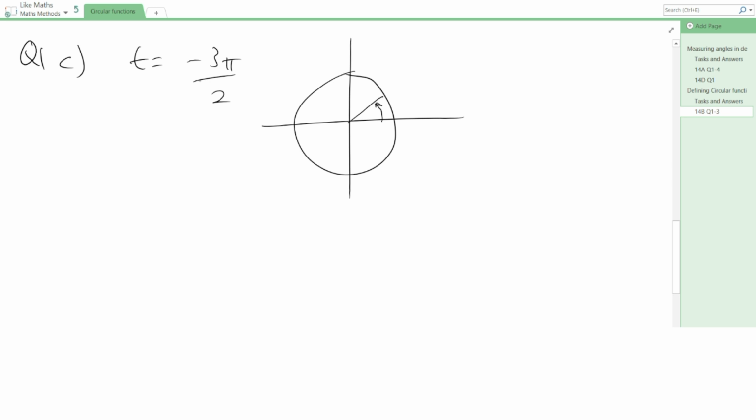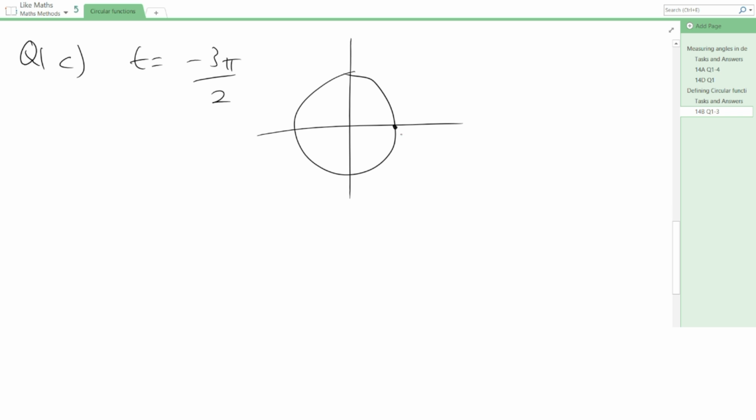Well, all it means when it's negative is that you start measuring in the other direction, so you start measuring this way around. So starting around the unit circle, we know that 3 pi over 2 is 3/4 of the way around. But this time we're going negative, we're going clockwise.